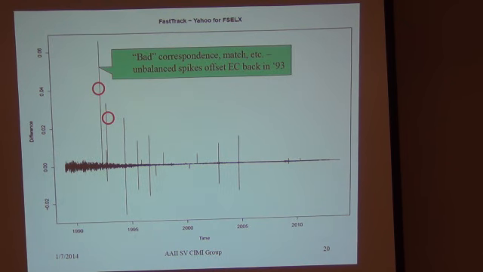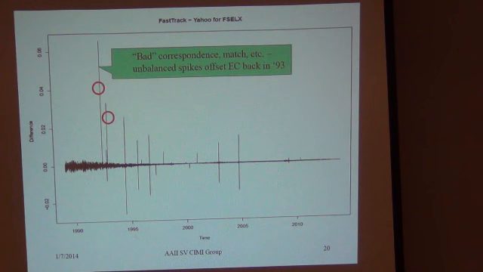One of the things dealing with bad correspondence is what I think of as unbalanced spikes. You can see there are a number of spikes that are balanced in both the positive and negative direction. And then there are 2, in this case all the way back in '93, that don't seem to have a corresponding negative pulse.